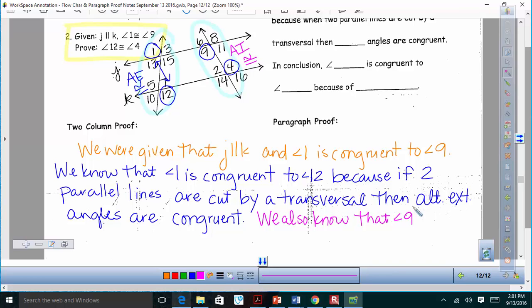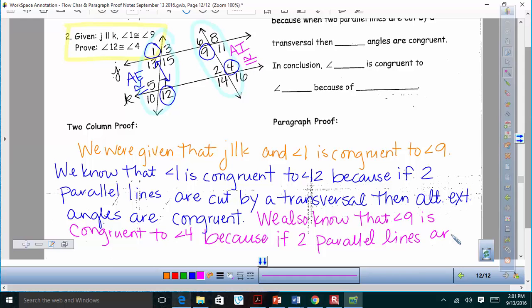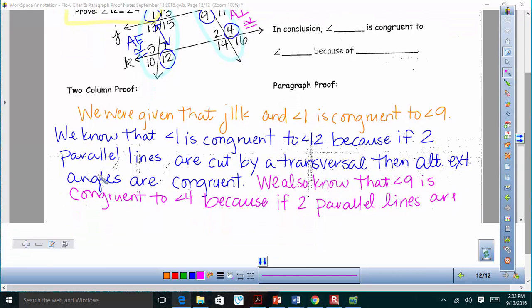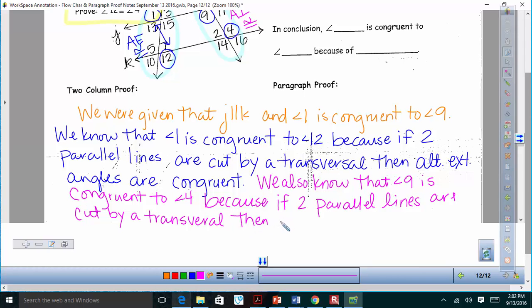We also know that angle 9 is congruent to angle 4 because if two parallel lines are cut by a transversal, then alternate interior angles are congruent.